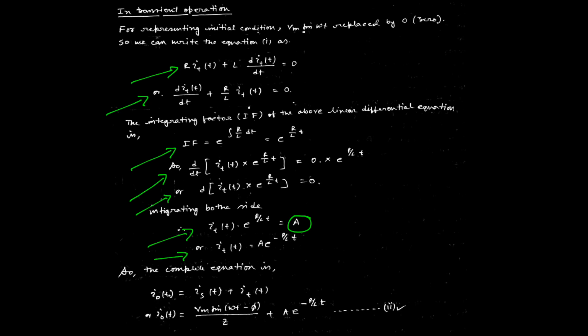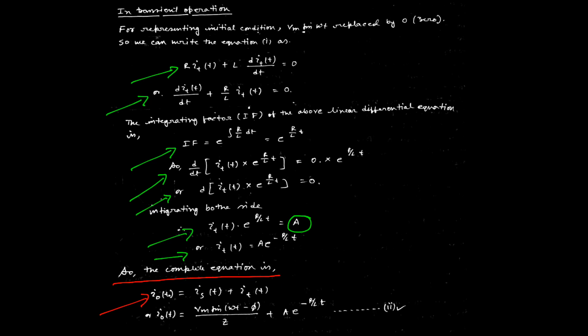From the above discussion, we can write the complete solution, which has two components: the steady state component and the transient component of the current. That is the complete solution i_0(t) equal to i_ss(t), the steady state current component, plus i_t(t), the transient current component.